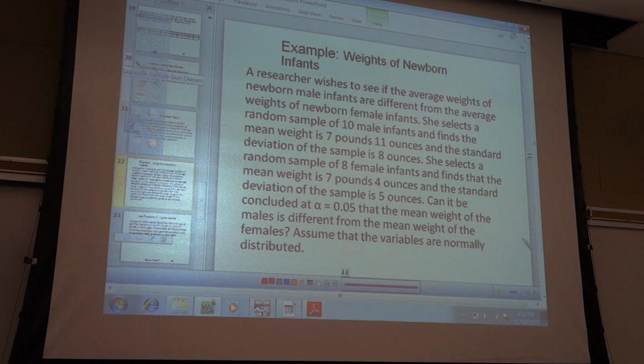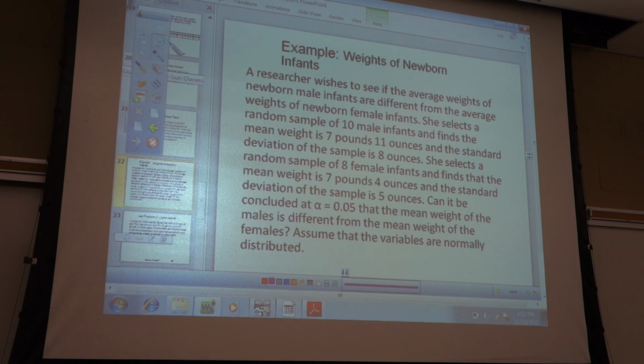She selects a random sample of 8 female infants and finds that the mean weight is 7 pounds, 4 ounces, and the standard deviation of the sample is 5 ounces. Can it be concluded at alpha equals 0.05 that the mean weight of males is different from the mean weight of the females? Assume that the variables are normally distributed.